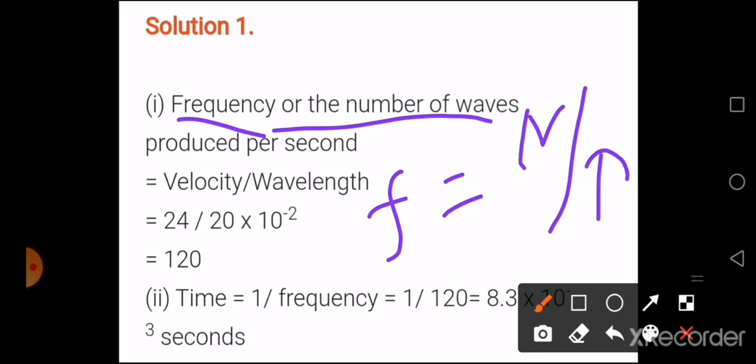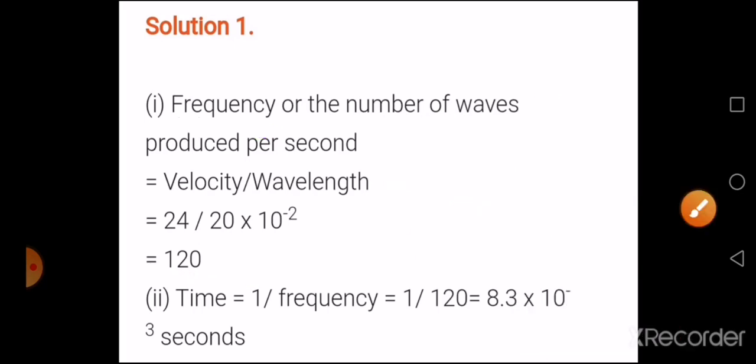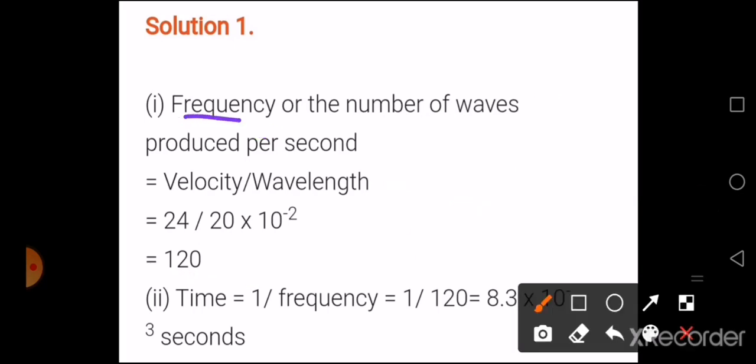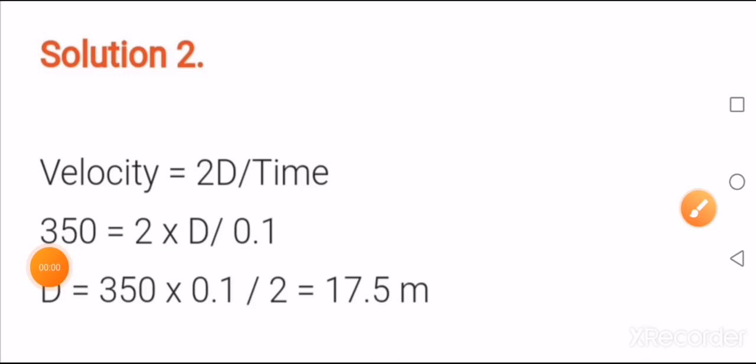So this velocity is given, wavelength is given, put the value, calculate. Now what is the second part? Time period. If you find out the value for frequency, time period is 1 by frequency. Got it?